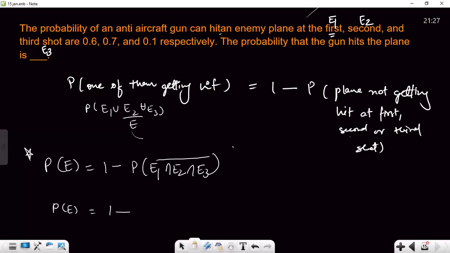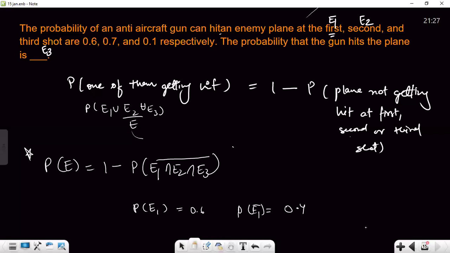So let's first talk about the probability of each event. The probability of event 1 was 0.6, so the probability of E1 not happening is 0.4.